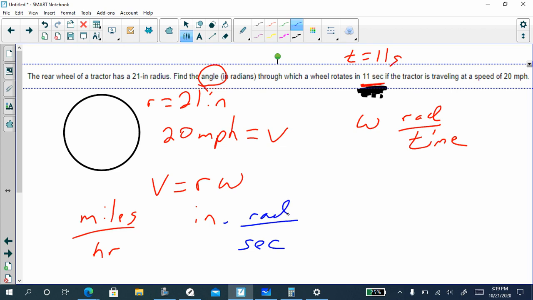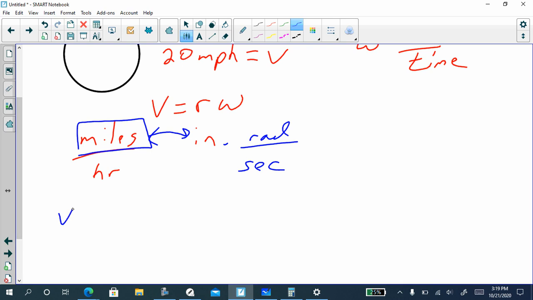Well, these distances have to match. Our radius is in inches, so we really need that in inches as well. So we need to do a conversion. So let's take our velocity, which is 20 miles per hour, and let's convert that into inches and seconds.